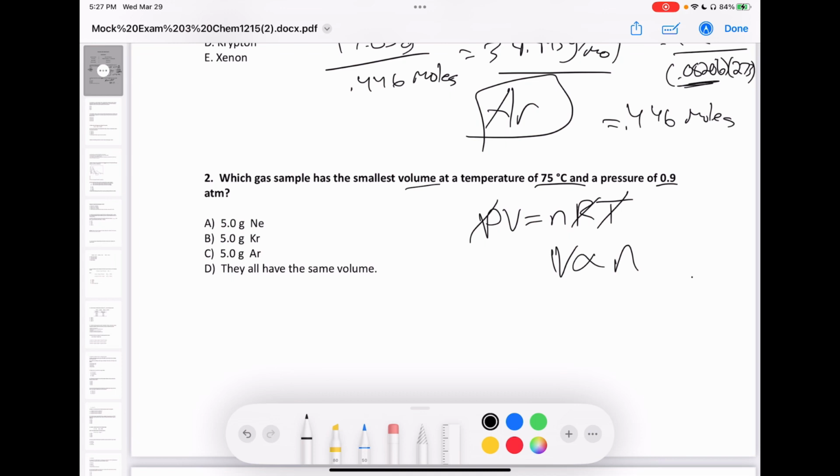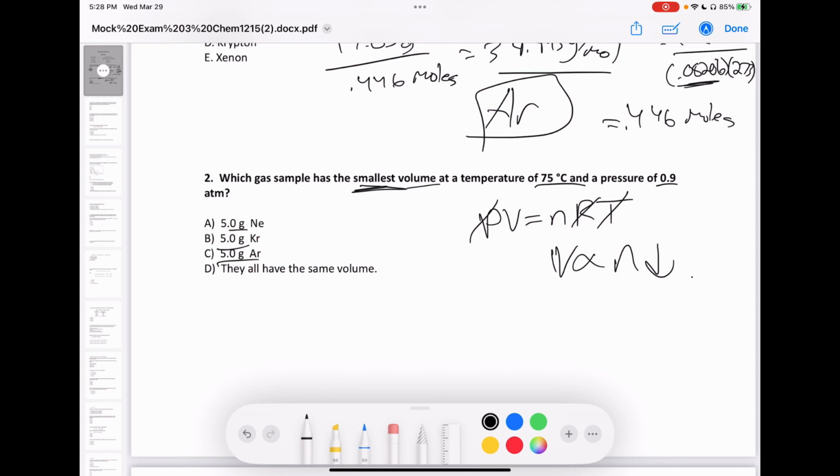So if we're looking for the smallest volume, we want the smallest number of moles, and we know the smallest number of moles is going to be whichever gas is the heaviest in molar mass, just because these all have the same masses. So the gas with the largest molar mass will have the least number of moles.